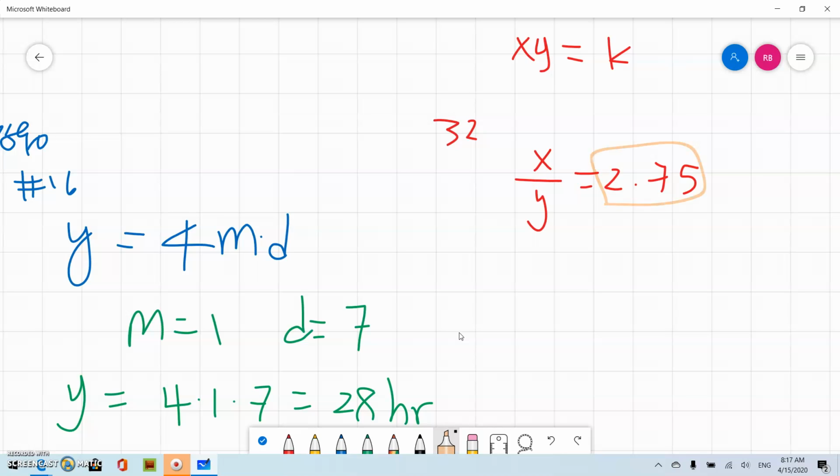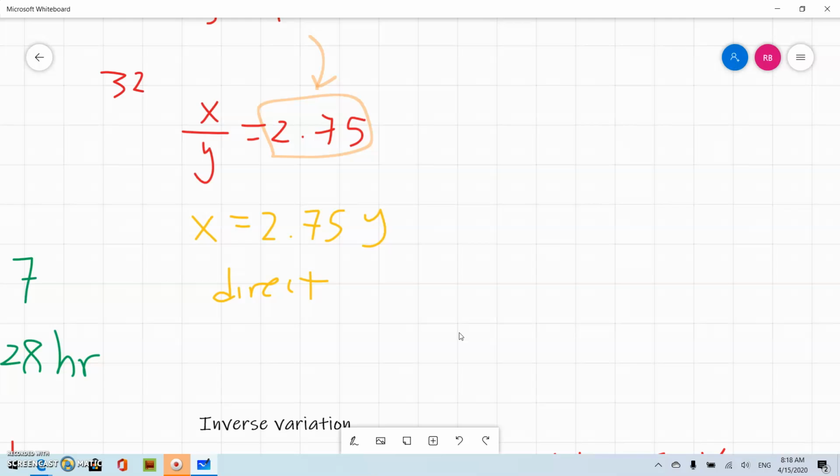K is always a number, okay, guys? So the constant of variation in number 32 is 2.75. And if I multiply both sides by y, this is x varies directly as y, okay? So this is a direct variation. So you need to think a little more than just glancing over and seeing what the form is. You need to actually manipulate it a little bit to see.